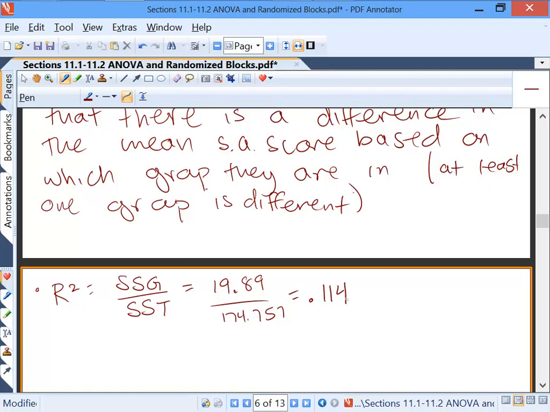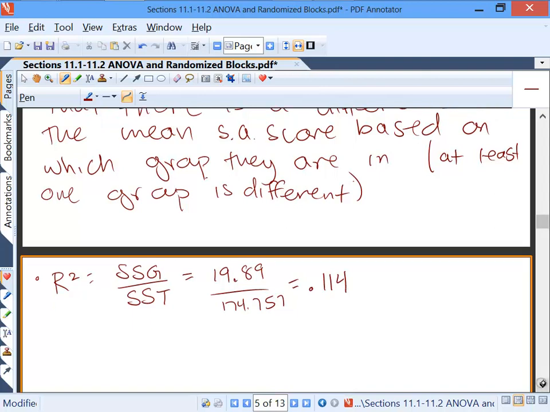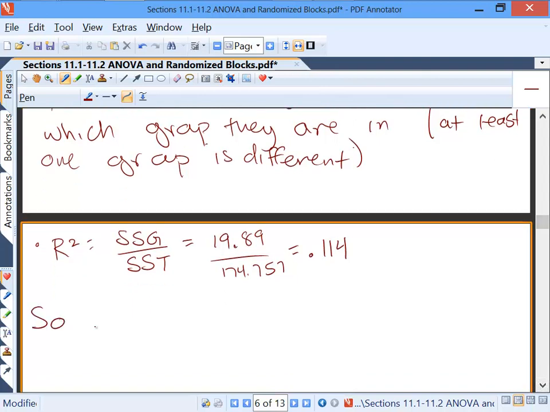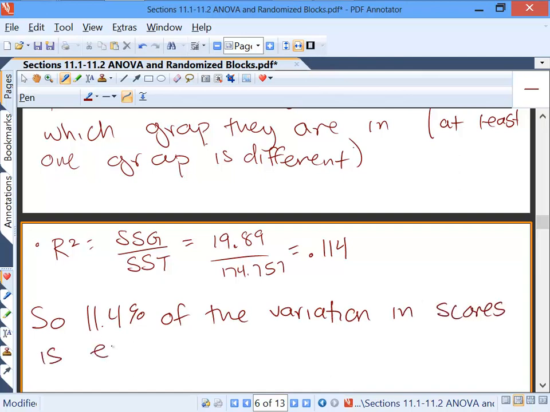So what R squared tells us is what percentage of the variation in the data is explained by which group you're in, and then the rest is explained by variation within the groups. So we can say something like, 11.4% of the variation in social attractiveness scores is explained by which group they're in.